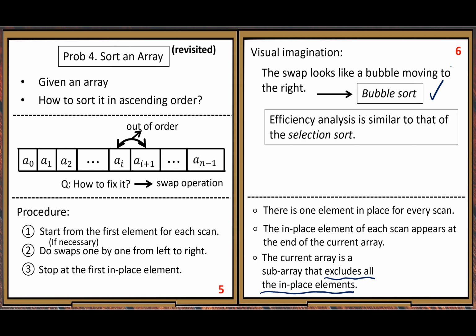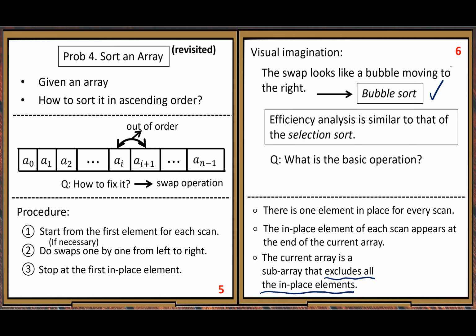A similar pattern. So the analysis is pretty much the same. In selection sort, we did that analysis, so here we can skip it because we would just do the similar analysis as we did in the selection sort.